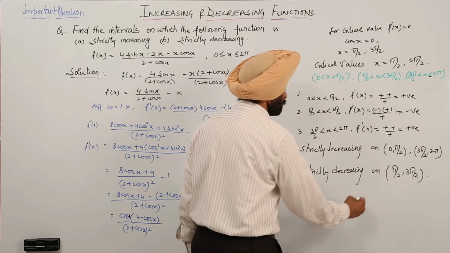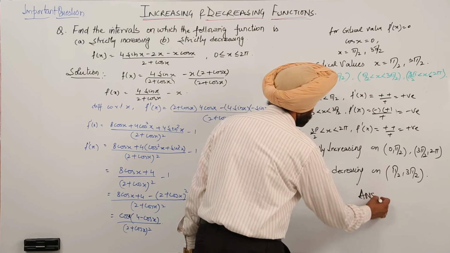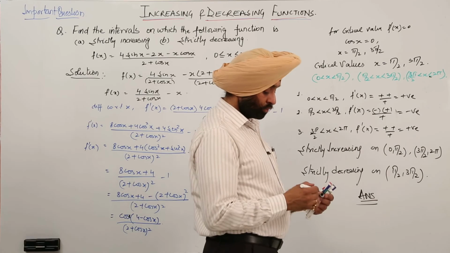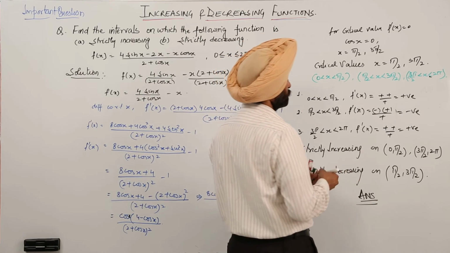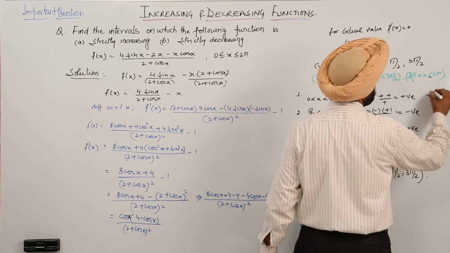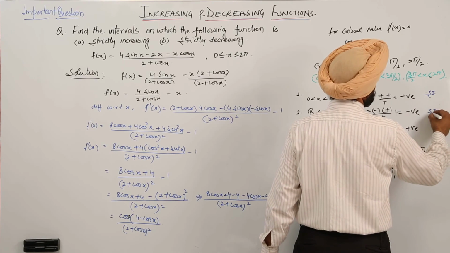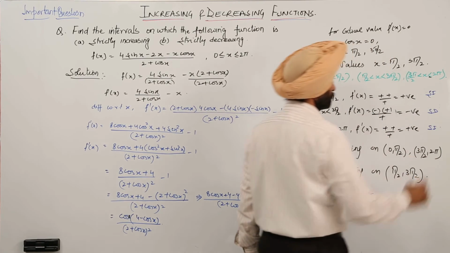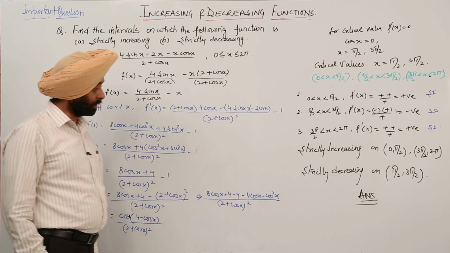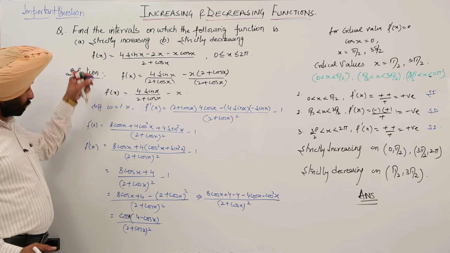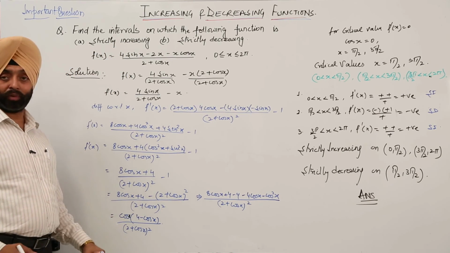So these are the answers. Or you can also write it for a symbol: strictly increasing, strictly decreasing, again strictly increasing. So like this we have to be very careful with the calculation part.